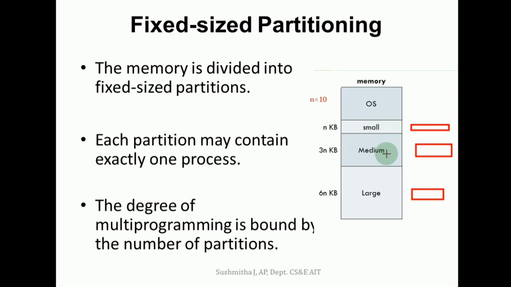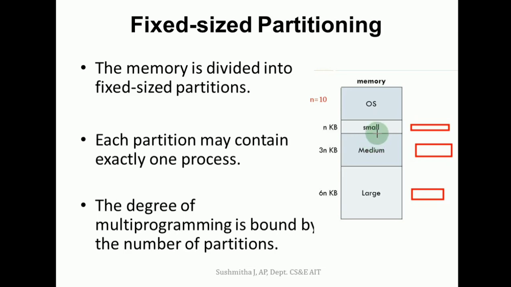Now why are we making it this way? Why can't everything be 30 KB each, or why can't every partition be 10 KB each? Why are we not doing it? Every process is of varied size.